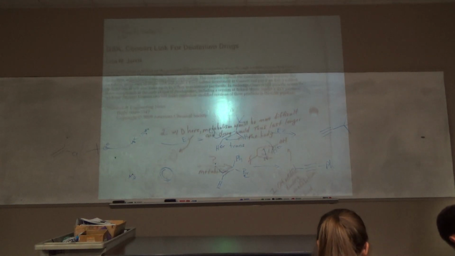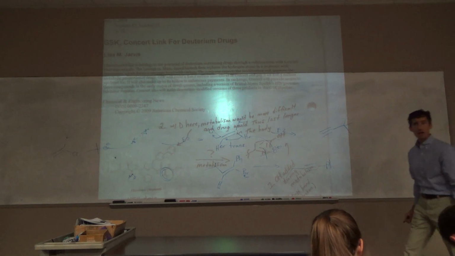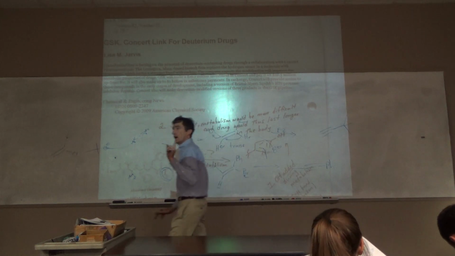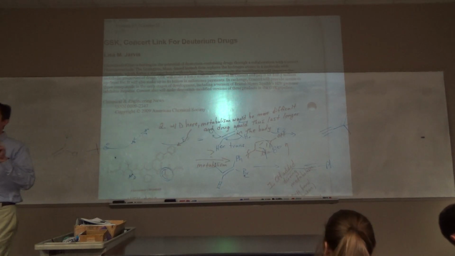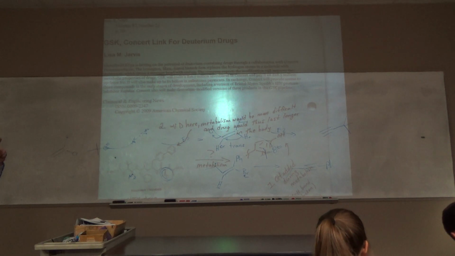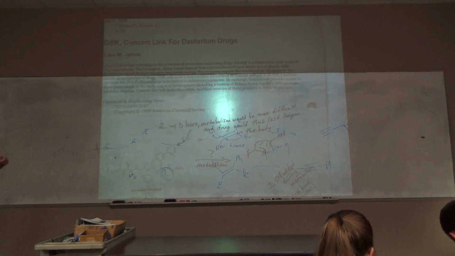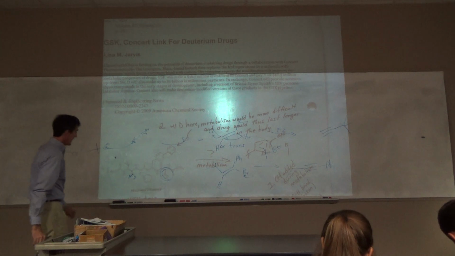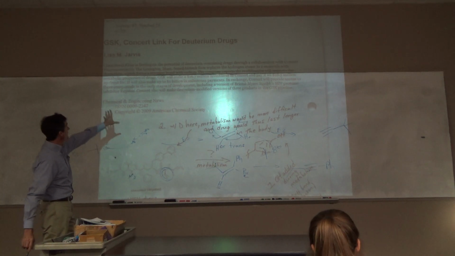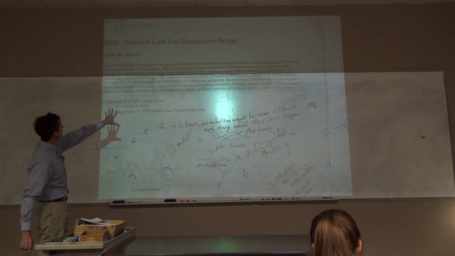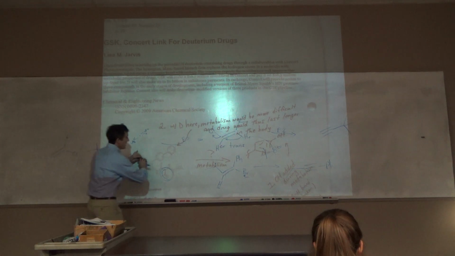Deuterium effect. The deuterium effect is used more and more in drug development, drug design. This compound here I think is an HIV drug. It's a little bit old now, the same ideas apply.